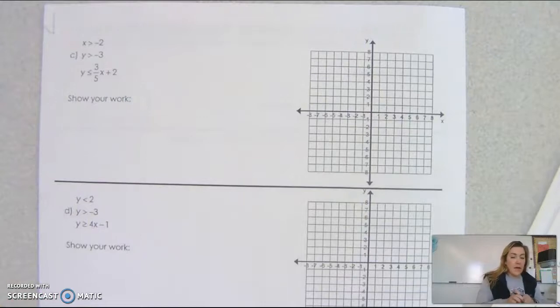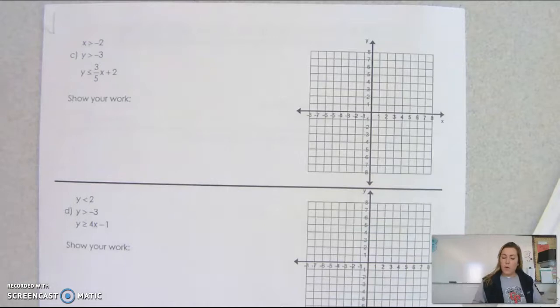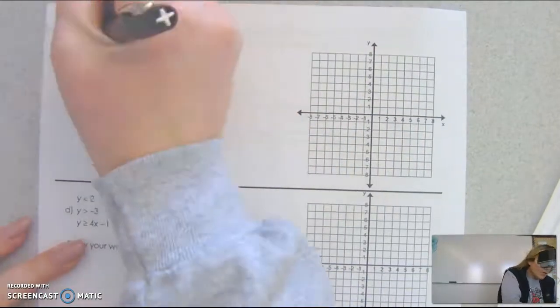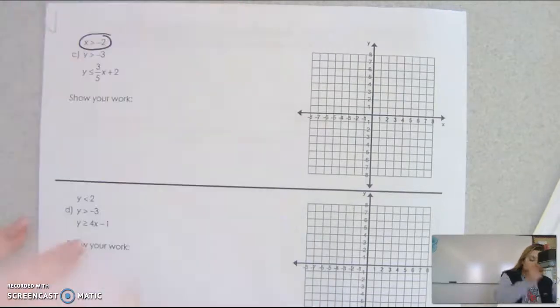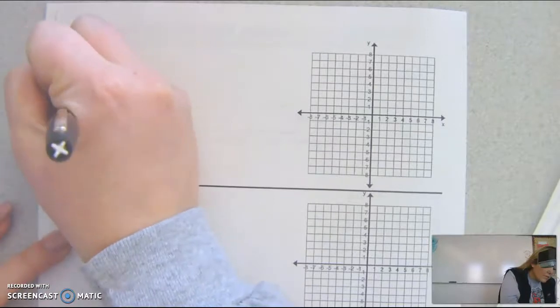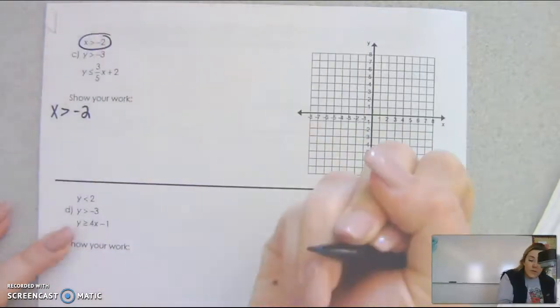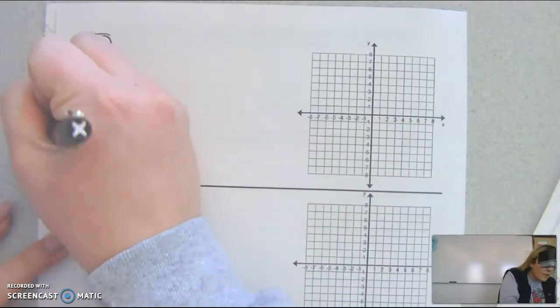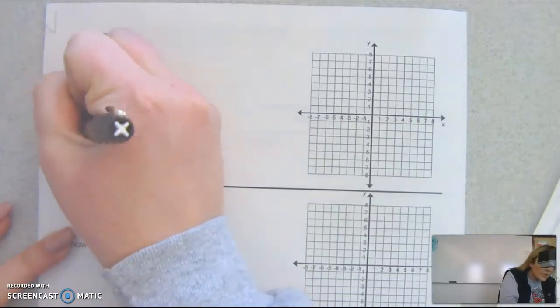So if you look at example, I think this is still example 1, part C, we have 3 lines here. So my first line is x is greater than -2. First thing I need to decide is solid or dashed. This one's going to have a dashed line.